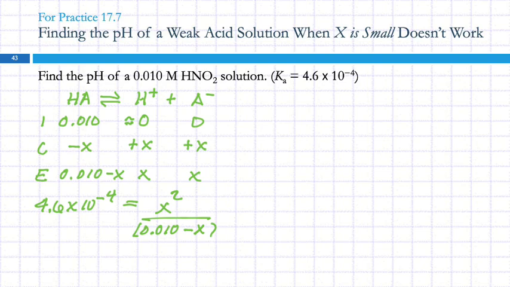My calculator has a number solver and a polynomial solver. The polynomial solver would work as well, but what I like about the number solver is I don't need to rearrange that equation at all. I don't need to set it to 0. I can just type it in the way it looks and say, hey, what's X?